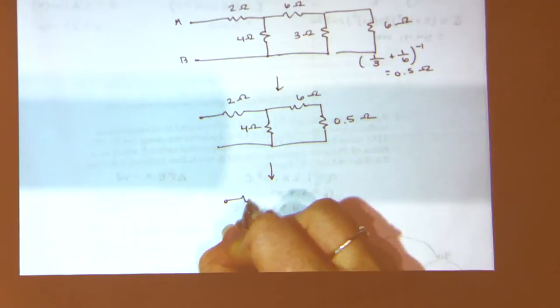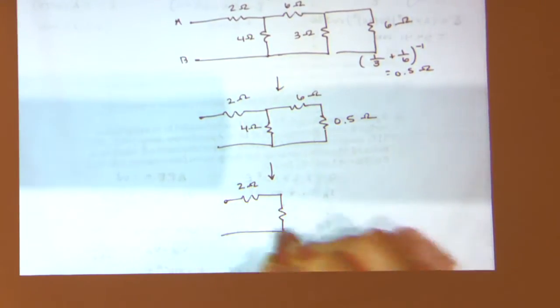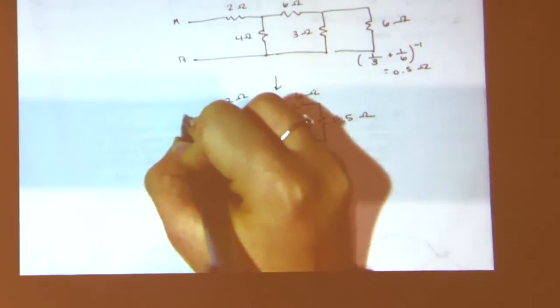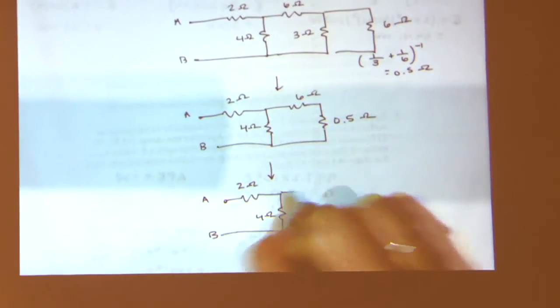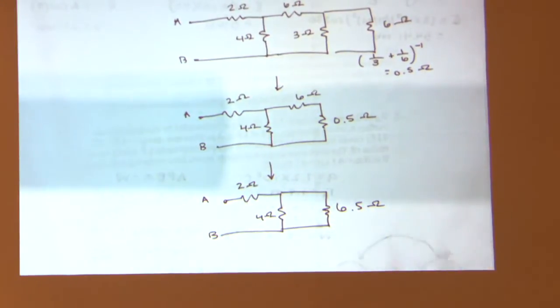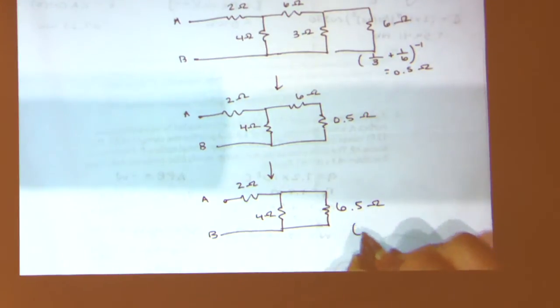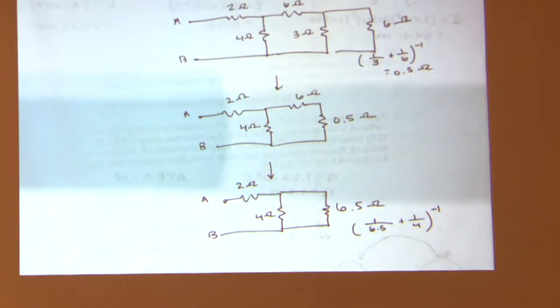So now you get this 2 ohm, 4 ohm, and these will just add up together to get 6.5 ohms. Once again, we have two parallel resistors, so we have to do 1 over 6.5 plus 1 over 4 to the negative 1.